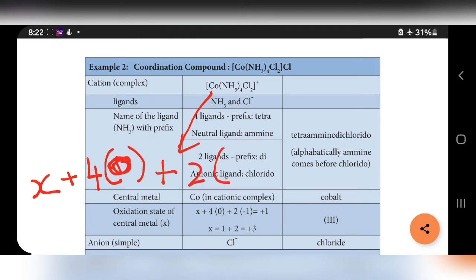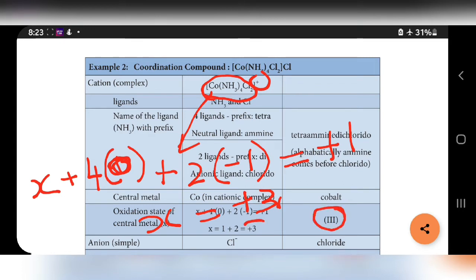For each chlorine we should use minus 1 because chlorine is a negative ligand. If you add all these, it is equal to the charge of the square bracket, that is plus 1. If you simplify this relation, you will get x equal to plus 3. So only Roman numeral 3 is given. So the oxidation state of the central metal ion is plus 3.